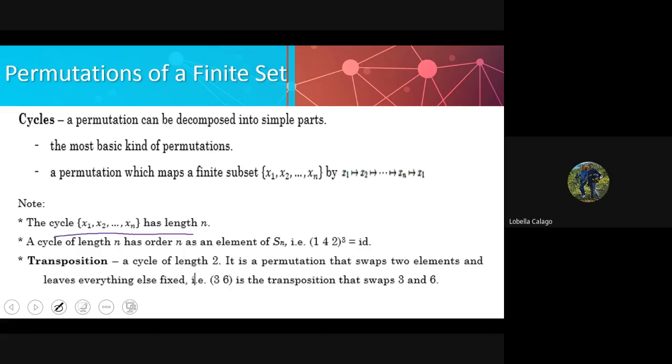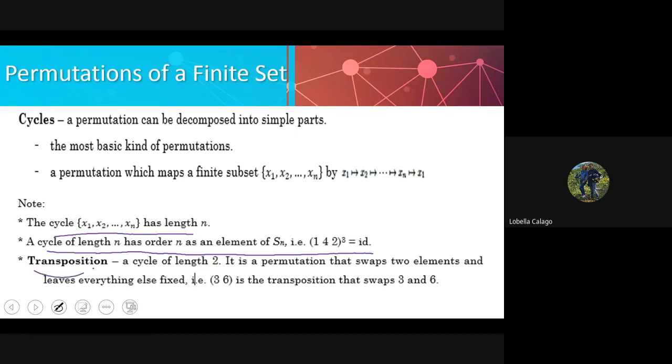So a cycle of length n has order n as an element of this one. Itong (1 4 2) raised to 3. So yan po yung cycle, no? So later on ma-appreciate nyo yung definitions nito kasi hindi pa natin makita yung kanyang sinasabi without an example. So mas maganda kasi may examples to.